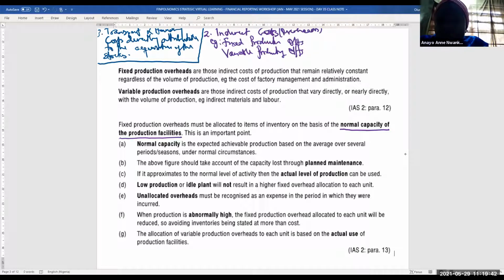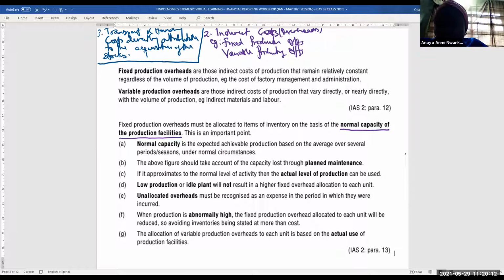B, the above figures should take account of the capacity loss through planned maintenance. C, if it approximates to normal level of activity, then the actual level of production can be used. D, low production or idle plant will not result in a higher fixed overhead allocation to each unit.